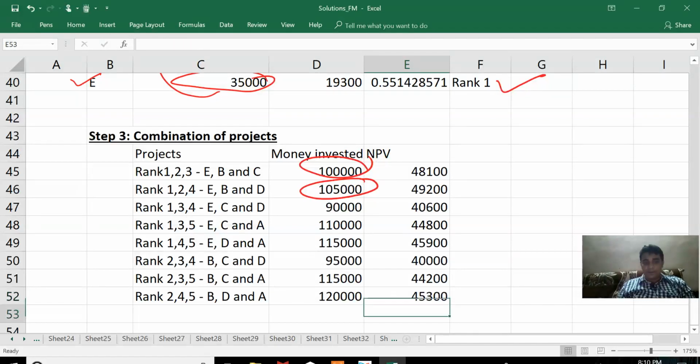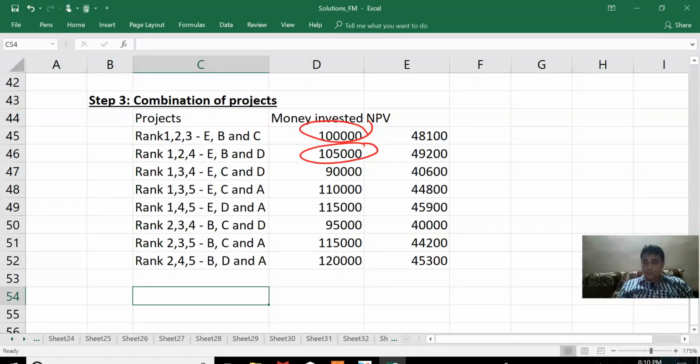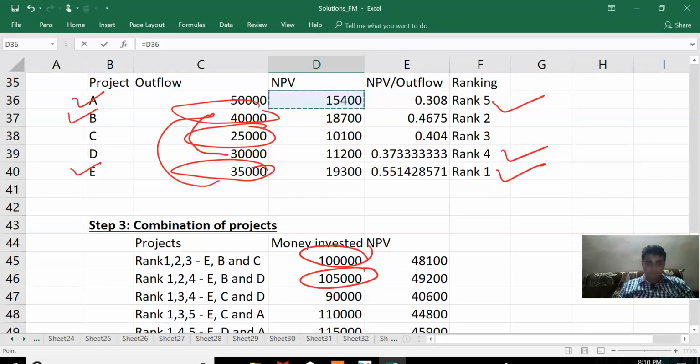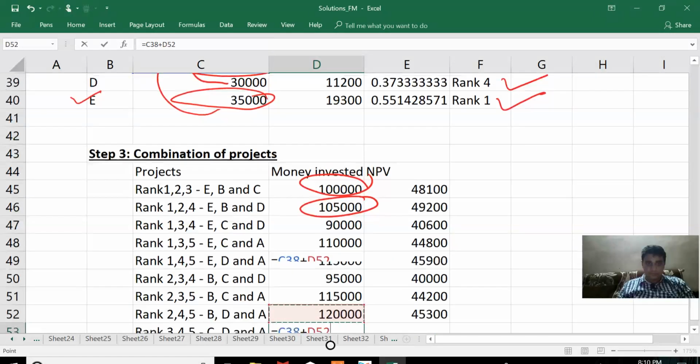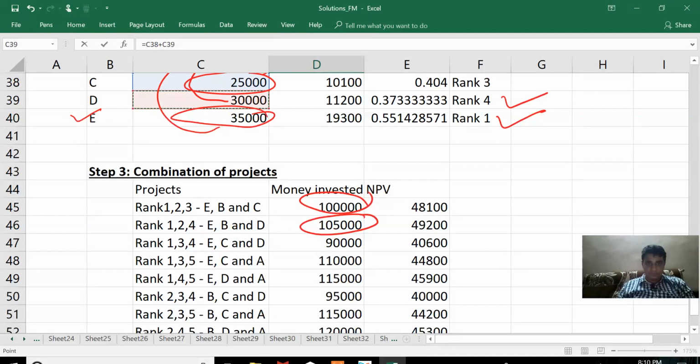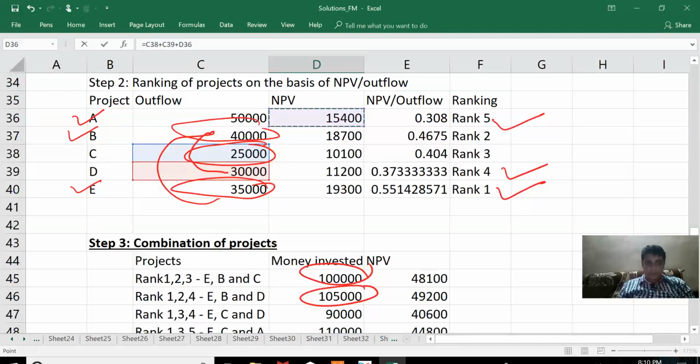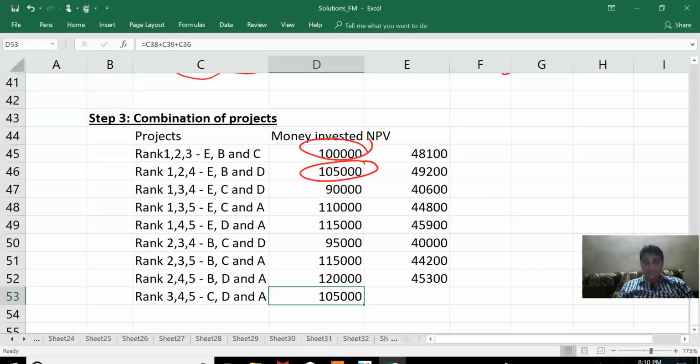This will give me NPV of... 234, 235, last possible combination, rank 3, 4, 5. This is my last possibility, which is C, D and A. These are the various possible combinations.